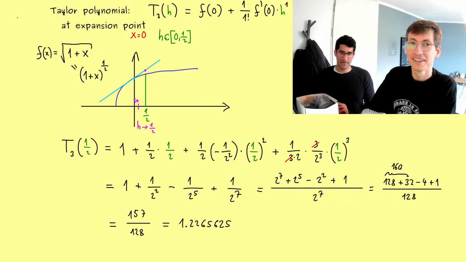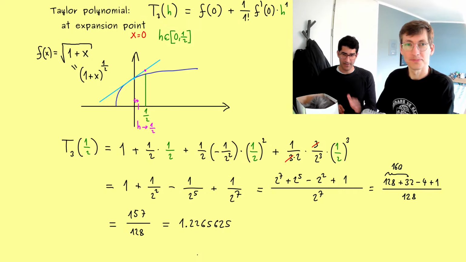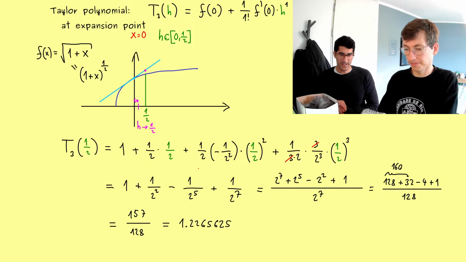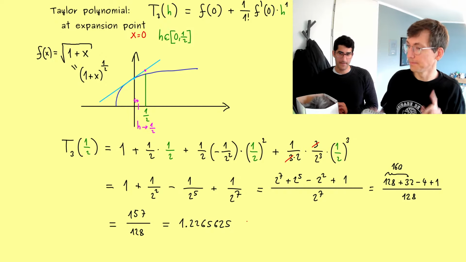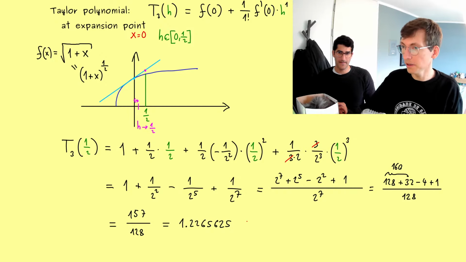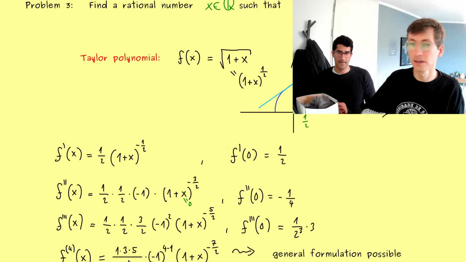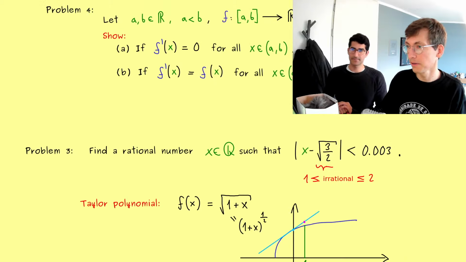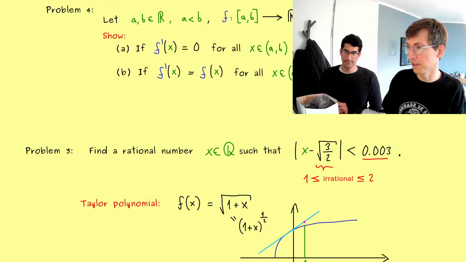Okay. So I'm fine with the calculation. The question is whether we have now solved the problem with this number, because it's clearly a rational one. Before you say that, maybe I go back to the exercise, because I formulated the exercise exactly like that: you are closer to the irrational number with that number here.